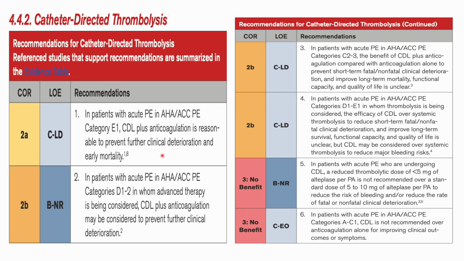There's also a grade 2B recommendation, where the level of evidence is not robust, that in category D1 to D2, so less severe patients where you are considering the advanced therapy, you may consider in some patients anticoagulation plus catheter directed therapy.